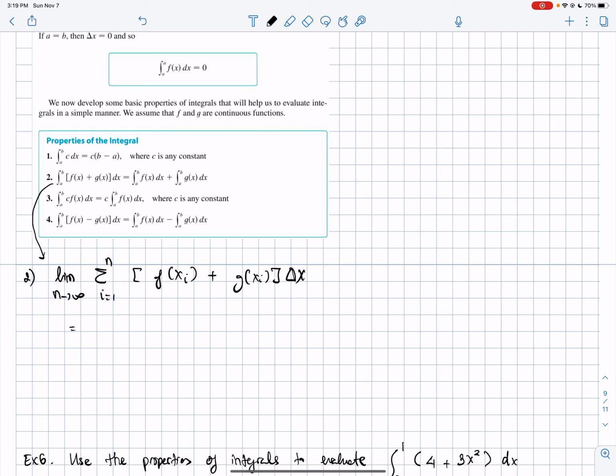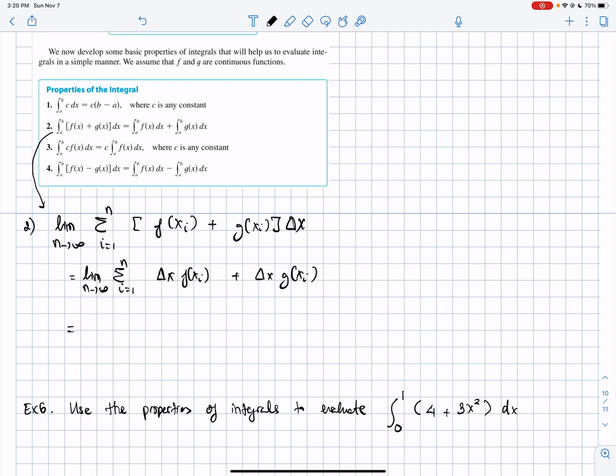And because of the sum, we can distribute the delta x, so that will be the limit as n approaches infinity of the sum of delta x f of xi plus delta x g of xi.